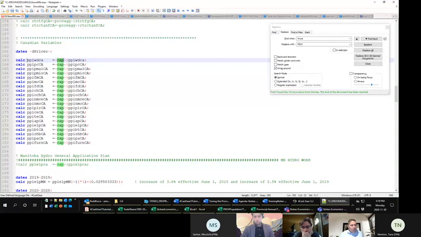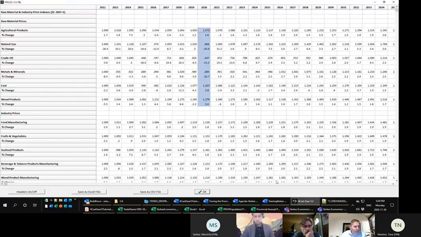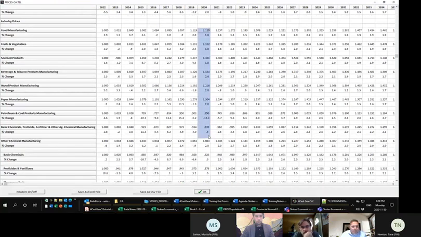And then that is read back from that national model into the province here to get you your PPIs, your producer price indices, for all these different commodity components. So you can view these as well. I believe they should all be in that price table. There's the industry. Yeah, these are them here. These should be your producer price indices right here. So same concept. If you don't like the price growth assumption, you can impose these as well. It's entirely up to you.